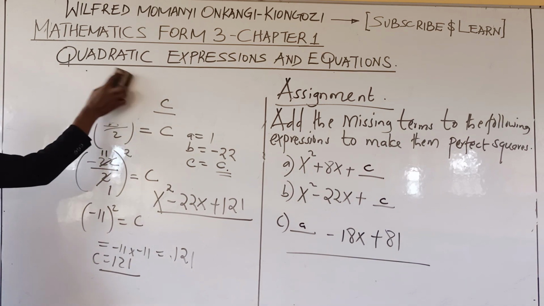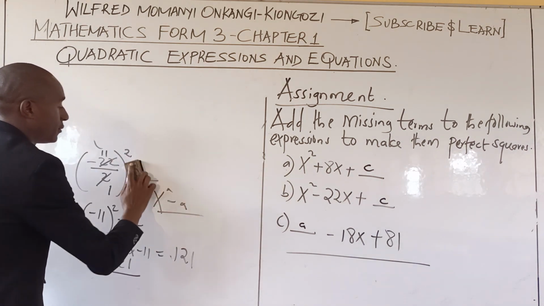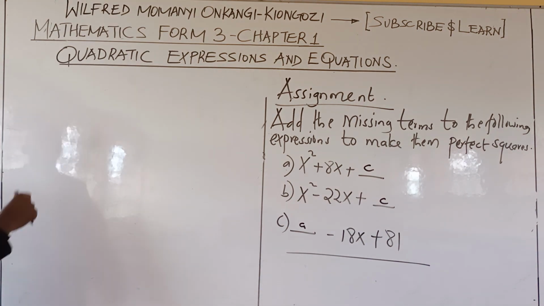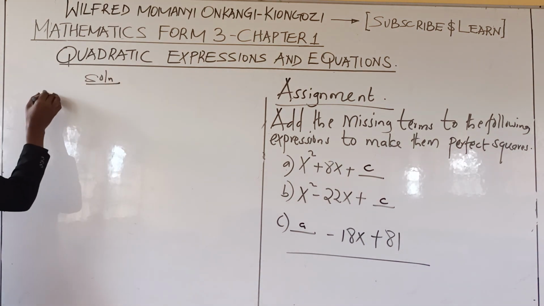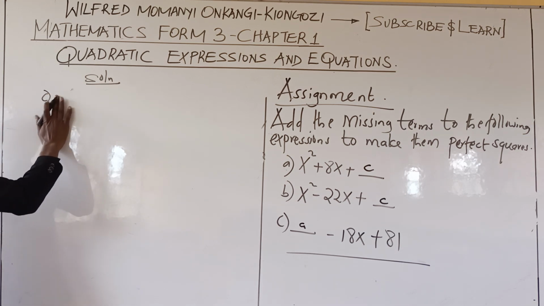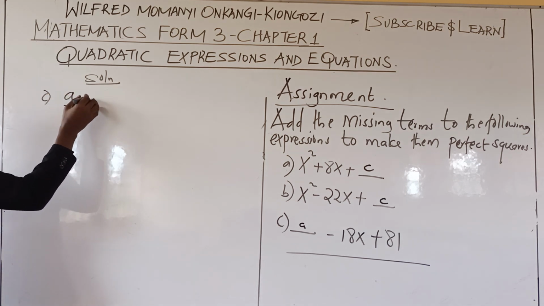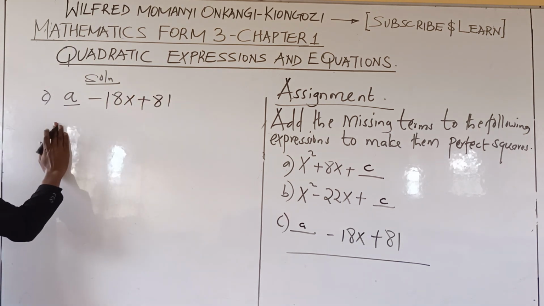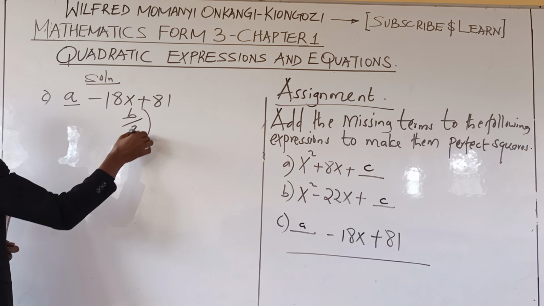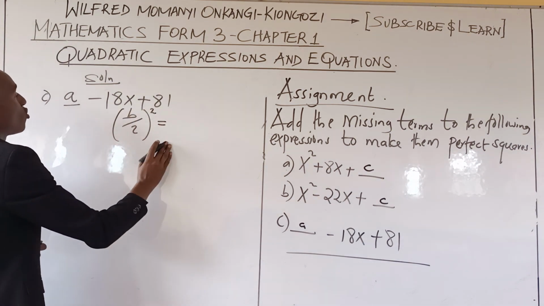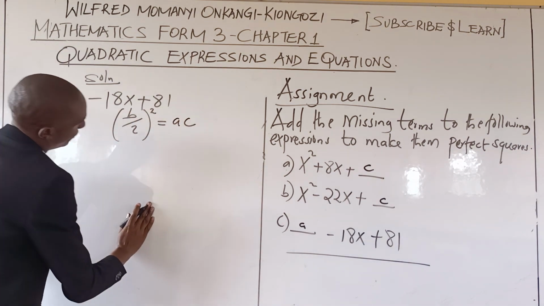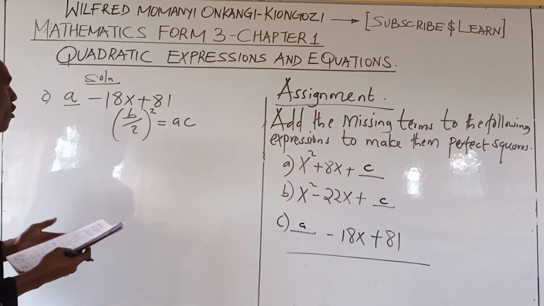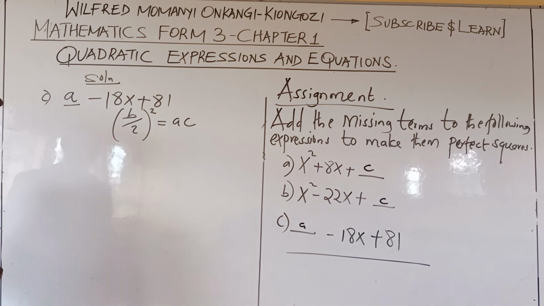C. We are missing a. So solution, C, we are missing a. a is missing, so we write that letter a. Minus 18x plus 81. For perfect squares again, (b over 2) squared is equal to ac, because we are not very sure of the coefficient of x squared that we shall have.